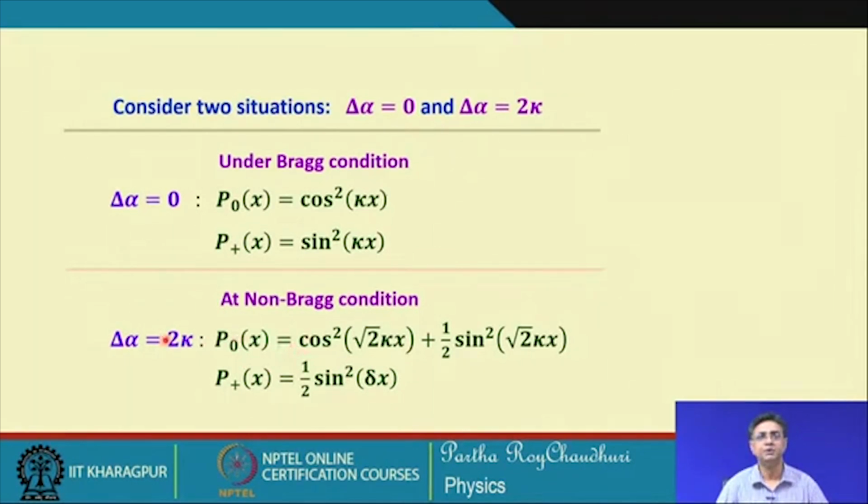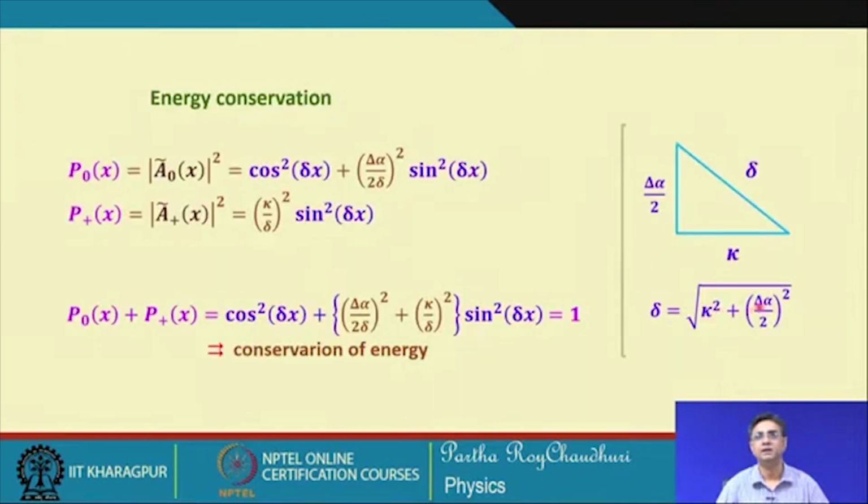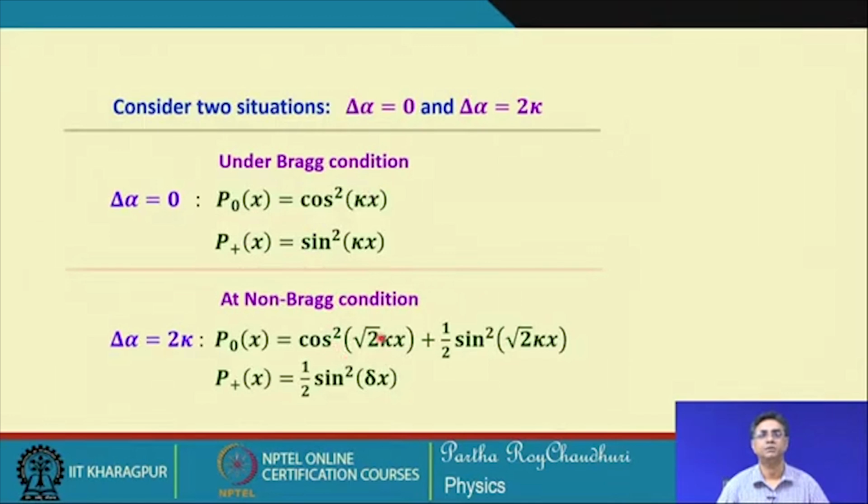So, if we put this delta alpha equal to twice kappa, this is again kappa square, this is also kappa square. So, this will be under root kappa, which is equal to delta. That is what we have written, under root kappa is for delta, and this is also the same.